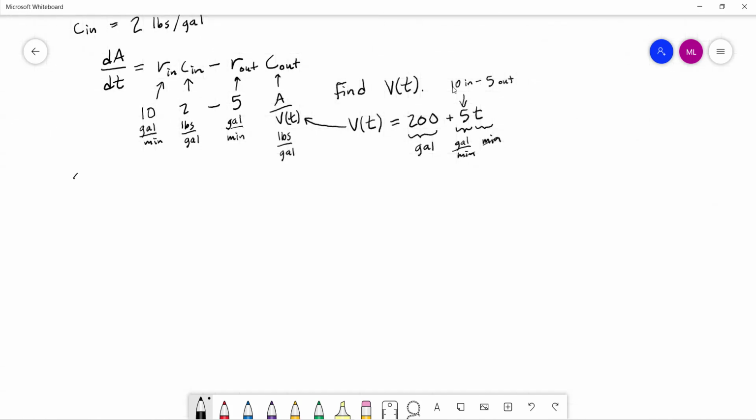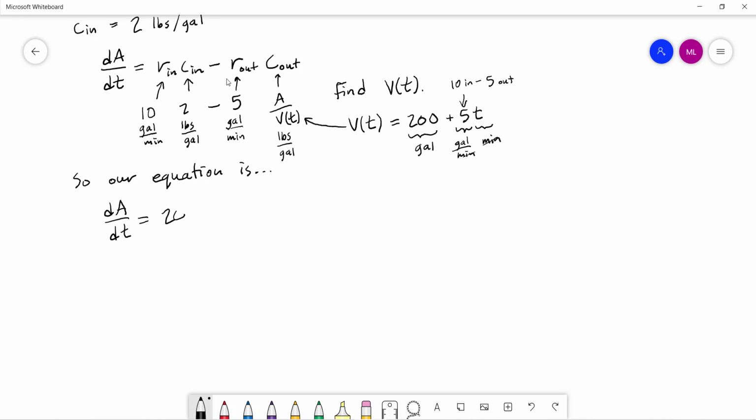And so our equation is dA/dt equals our rate in times our concentration in. Let's drop the units while we do this portion of the math. We can always come back to the units if we get stuck on anything. But it's 10 times 2.